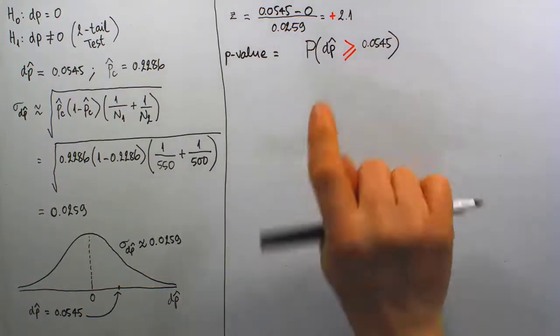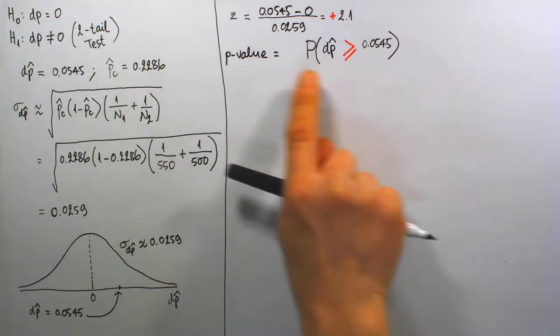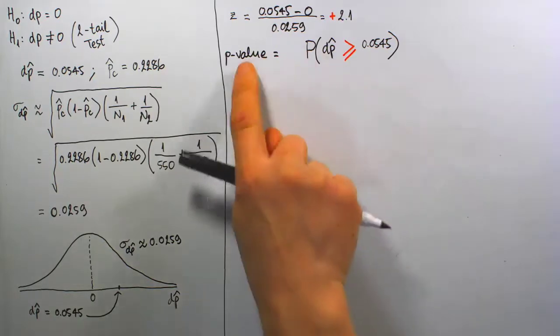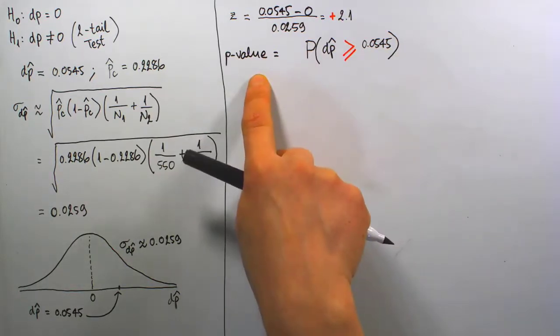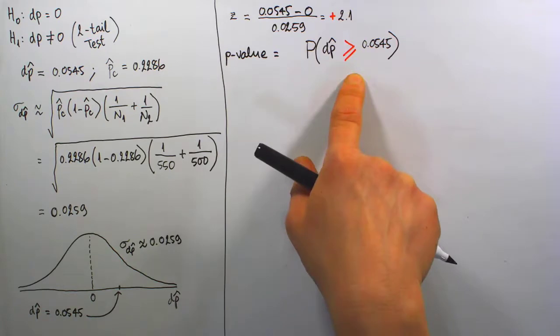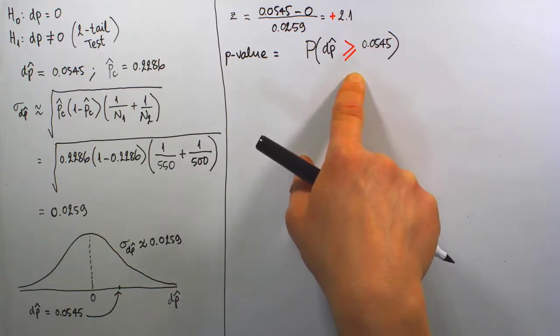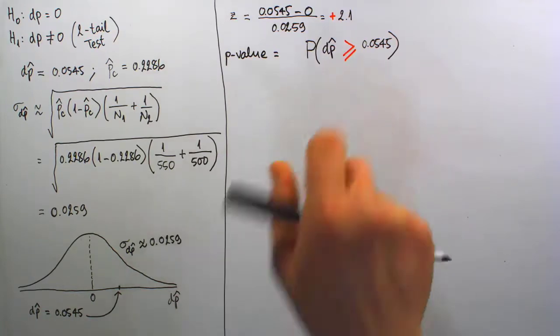At this point, I have not even completed my setup for the p-value calculation, but allow me to take a quick pause to point out a couple of checkpoints for consistency.